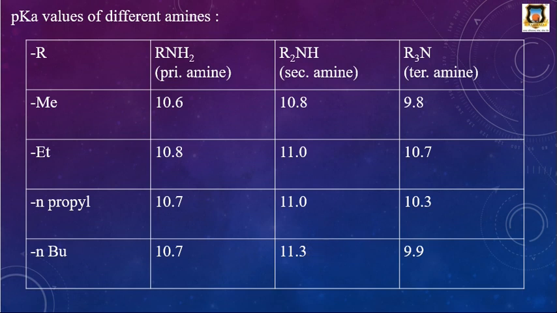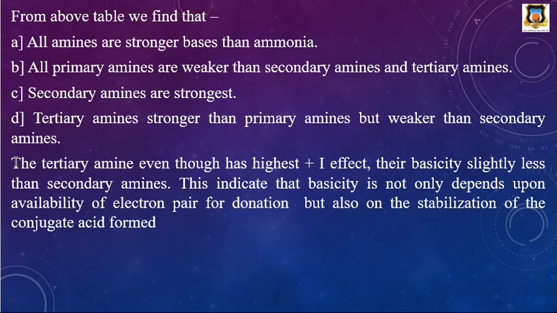And from this data, we can conclude that all amines are stronger bases than ammonia, because there is greater electron density around nitrogen, and by donation of electrons. And then all primary amines are weaker than the secondary and tertiary. Secondary amines are the strongest bases compared to the primary, tertiary and ammonia.